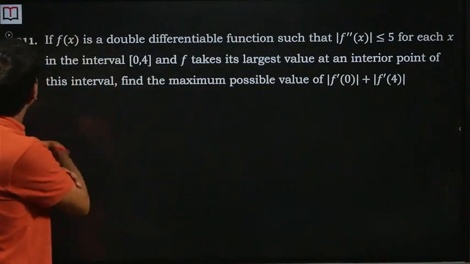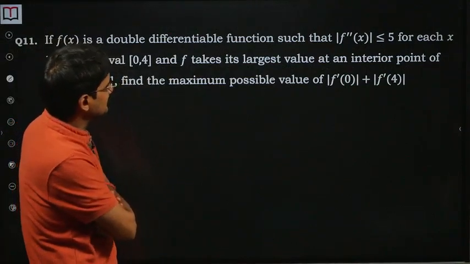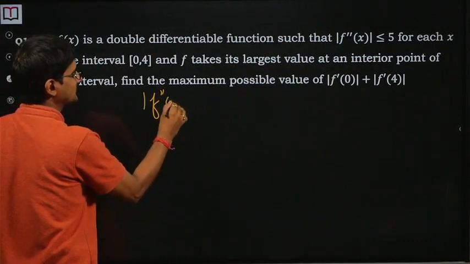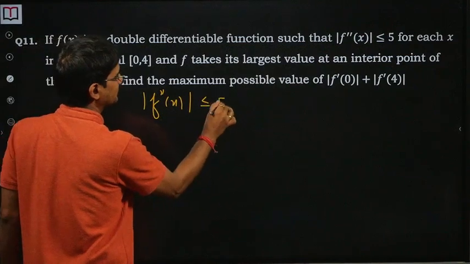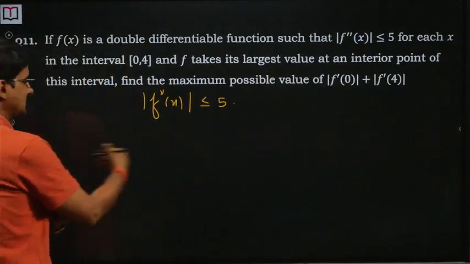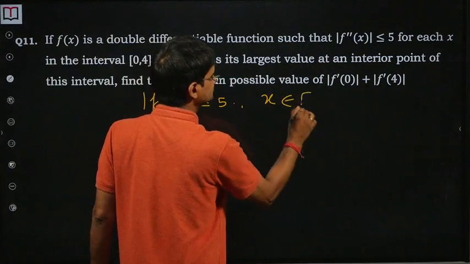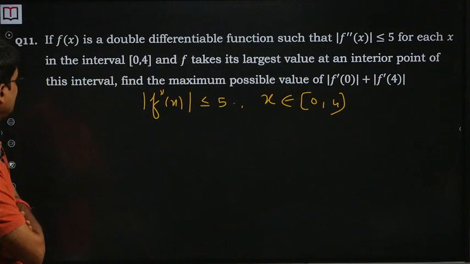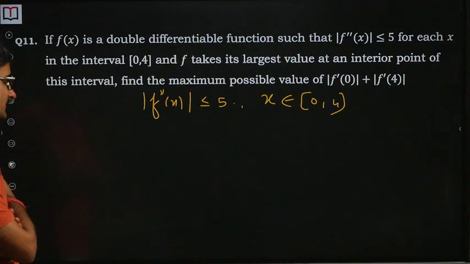Question number 11. If f(x) is a double differentiable function such that mod of f double dash x is less than or equal to 5 for each x in the interval 0 to 4, for an interior point in this, then the maximum possible value of mod of f dash 0.